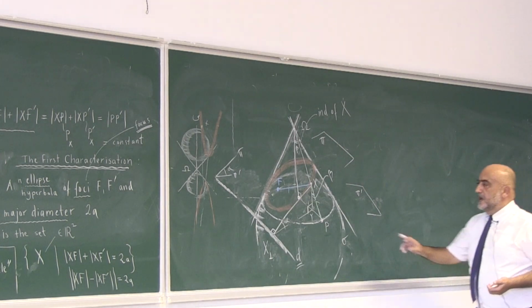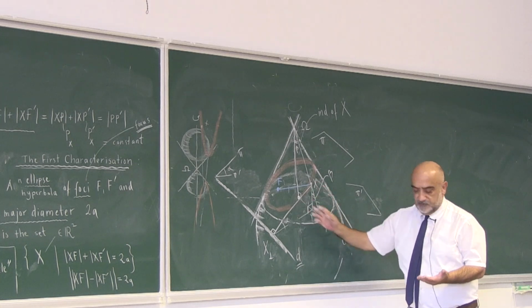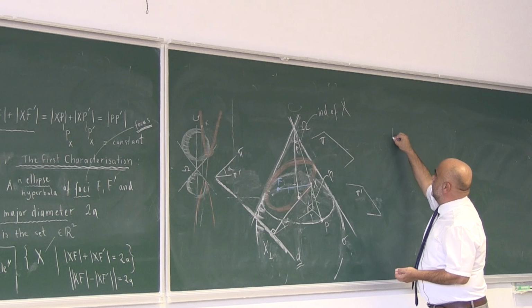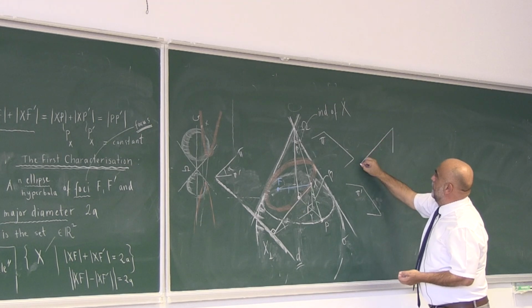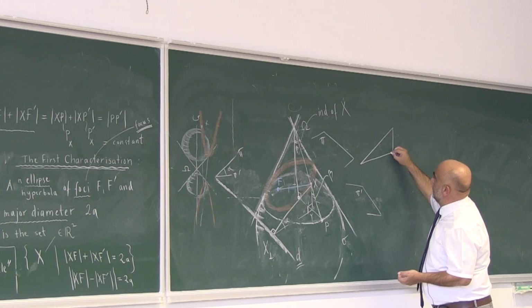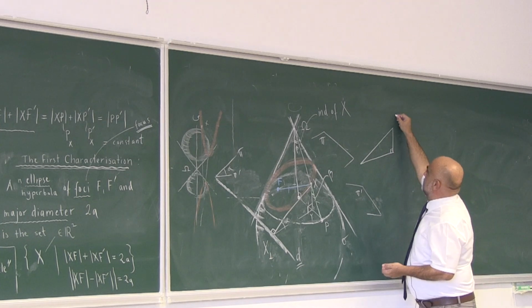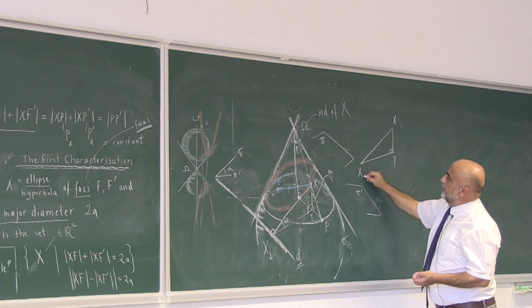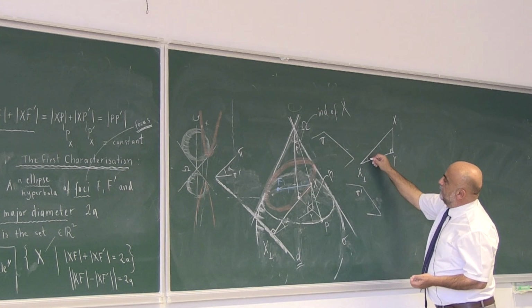So may I draw this picture again? I've got one right triangle like this. This is a right triangle, that is X, Y, X perpendicular, and this angle is alpha.